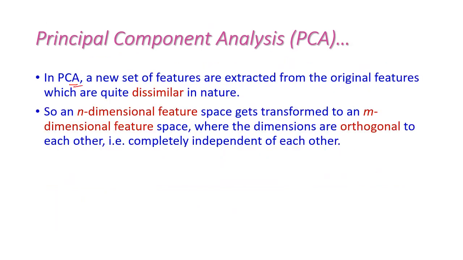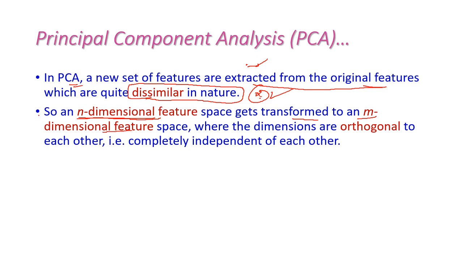In PCA, a new set of features is extracted from the original features, which are quite dissimilar in nature. So no feature is similar to another feature. That is, an n-dimensional feature space, which already exists, gets transformed to an m-dimensional feature space.